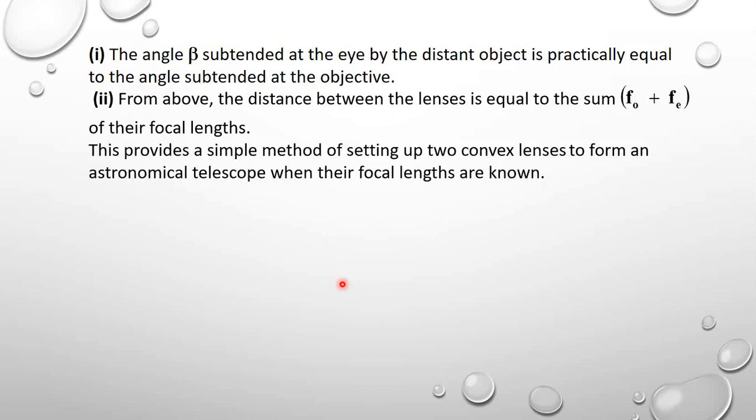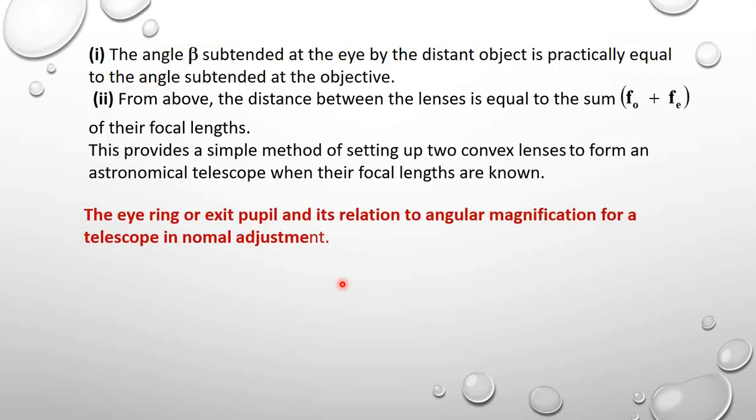Let us also look at the eye ring or the exit pupil and its relation to angular magnification for a telescope in normal adjustment. The eye ring is the best position of the eye when using an optical instrument.